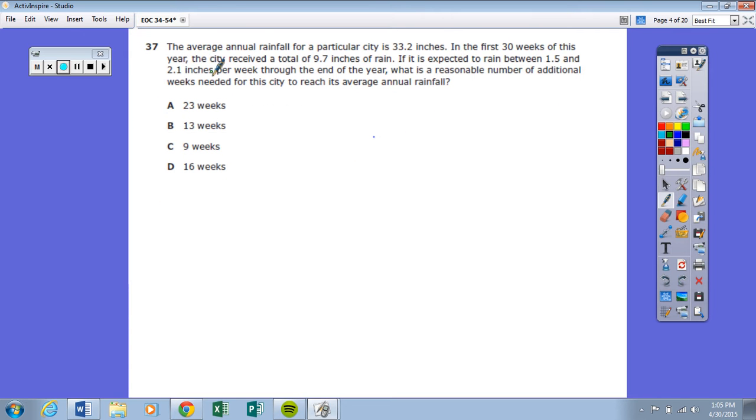Number 37, average rainfall per year is 33.2. So for an entire year, you need it to be 33.2. In the first 30 weeks, we received 9.7. Now I'm going to subtract this 9.7, because what this is telling me is how much rain is left in the year that needs to fall. And it says that it's going to rain 1.5 to 2.1 inches per week throughout the rest of the year. What's a reasonable number of weeks needed to reach this rainfall?